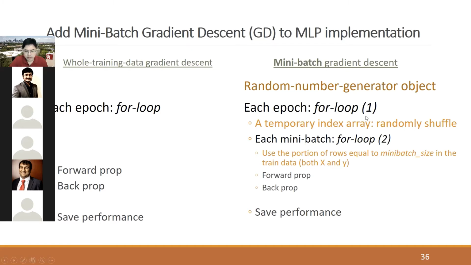You also want the randomized order of the random set to be different across the iterations, because the benefit from mini batch gradient descent or stochastic gradient descent is the stochastic part.